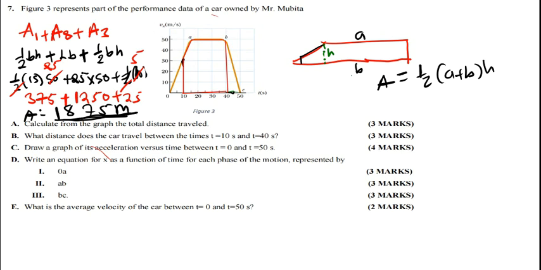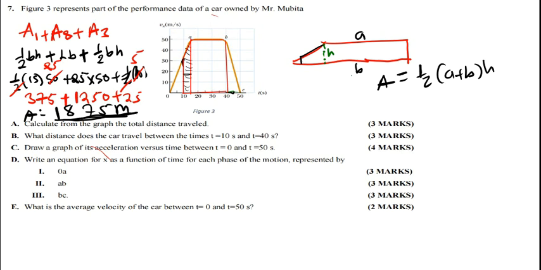Now, at the same time, this shape, I can divide it again into two. I can get this shape here to be more like a trapezium. In fact, this is going to be easy for us. This small shape here is going to be a trapezium, same as the one I've just drawn here. That is a trapezium.